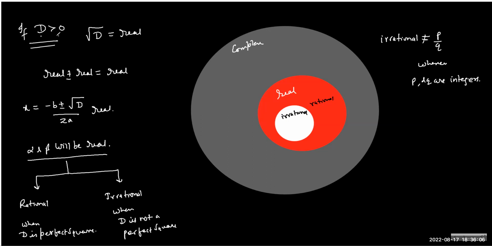So when d is positive, there are two possibilities. The roots may be rational or the roots may be irrational. Now, in this particular case, if the root is rational, then again there are two possibilities. So we'll see the other possibility.